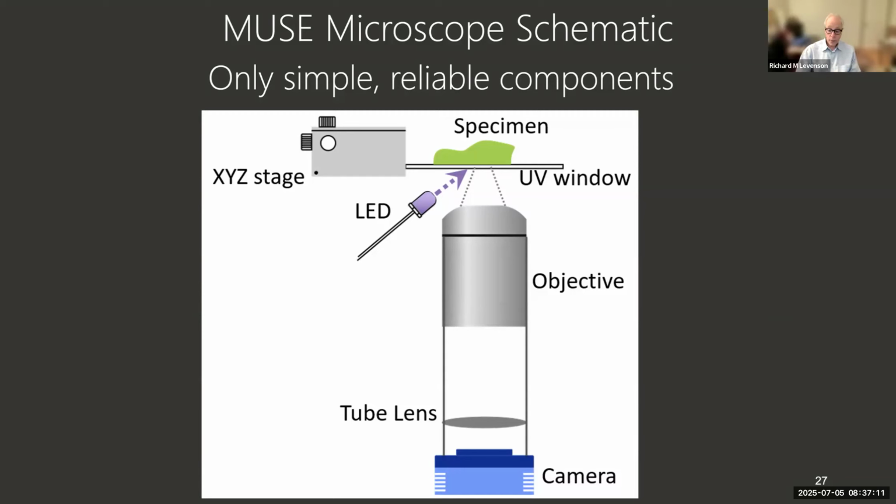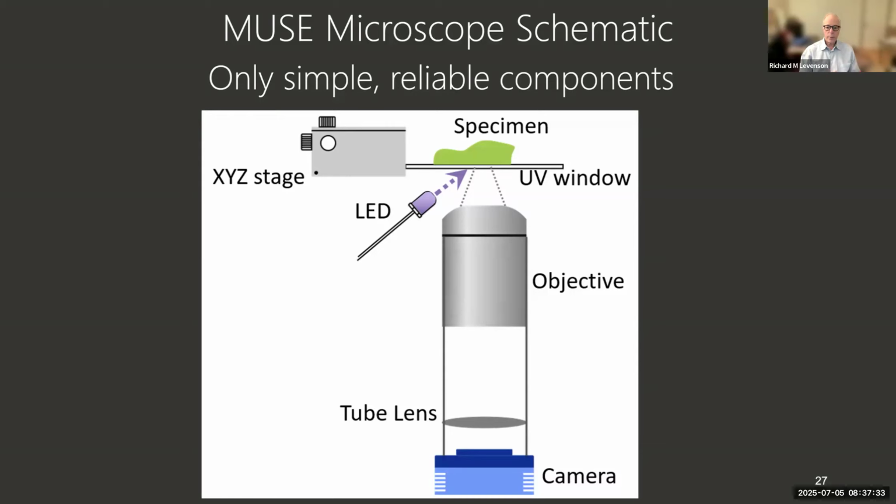And the reason it's called surface imaging is that what I'm showing you here up in the green is a specimen. As you can see, it's not a thin slide. It's a thick chunk, and by thick, I mean it can be millimeters or even centimeters thick, because all we're looking at is just this surface right here that's sitting on the UV window.